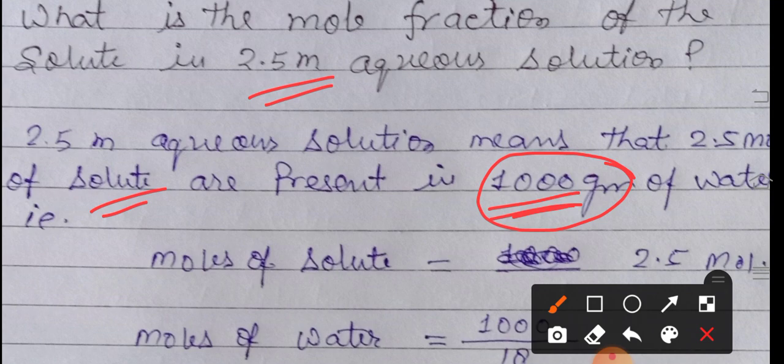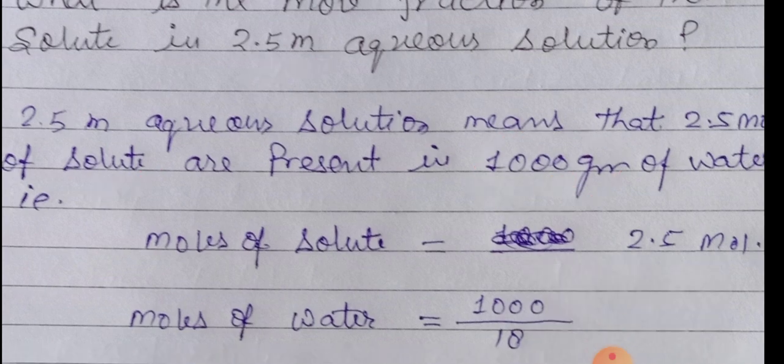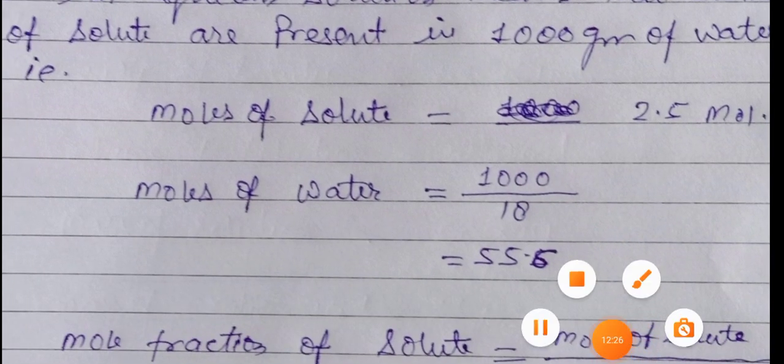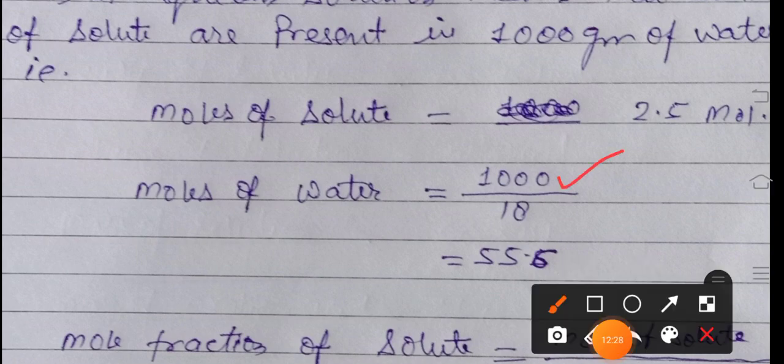Now the moles of solute is equal to 2.5. Now we can calculate the moles of water: weight of water divided by molecular weight, 1000 divided by 18, which is 55.6.